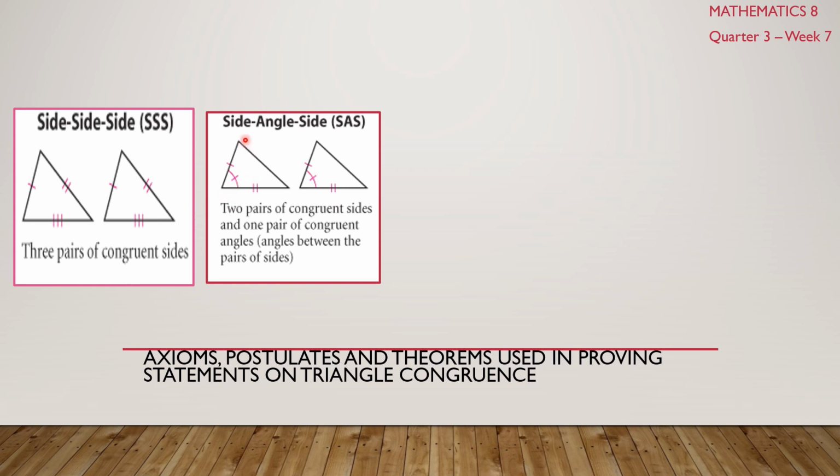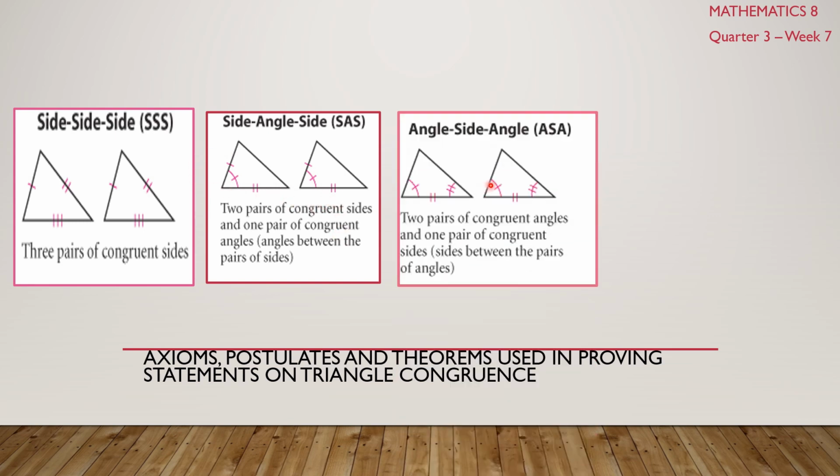Next, we have the side, angle, side, or SAS postulate. This postulate states that if two sides and an included angle of one triangle are congruent to the corresponding two sides and an included angle of another triangle, then the two triangles are congruent.